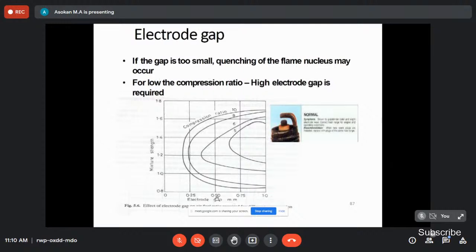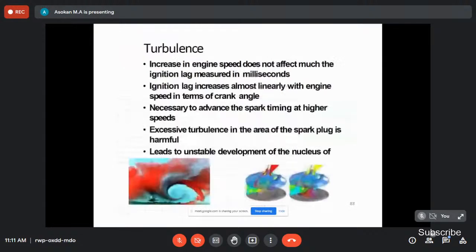See, this is the electrode gap, right? And also the compression ratio affects it: 5, 6, 8, 10. So the compression ratio is at 10. What is the ignition electrode gap? See, it is a very minimum electrode gap. As the compression ratio decreases, the electrode gap increases.